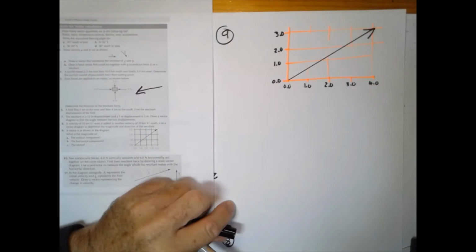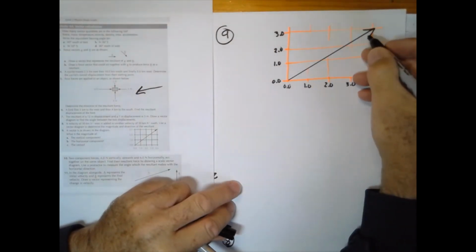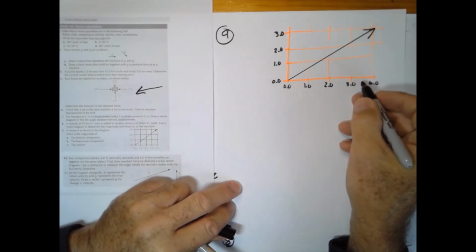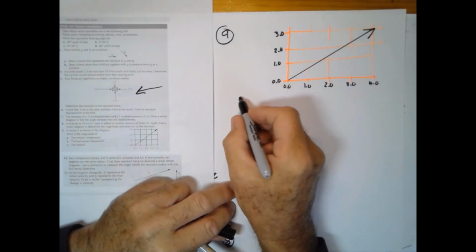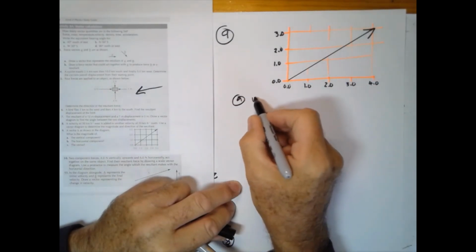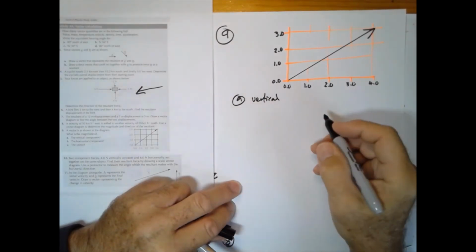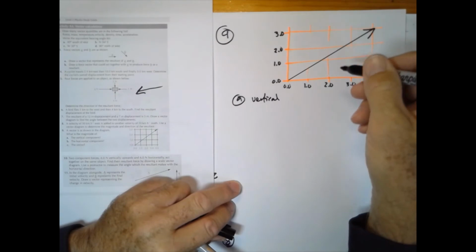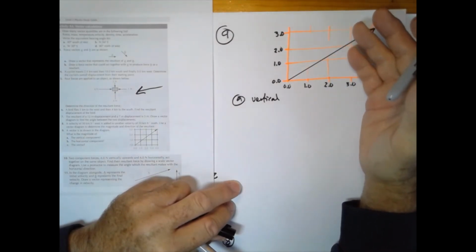Number 9, we have this vector here, and we're asked to find the vertical component and the horizontal component of the vector. You're beginning to look at vertical and horizontal components. Any vector can be considered the resultant of two or more vectors.